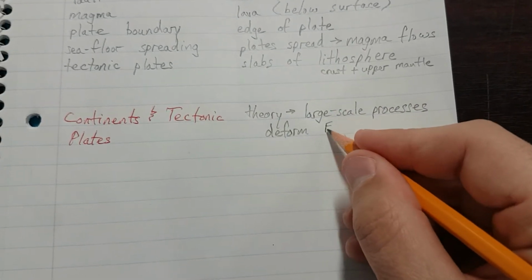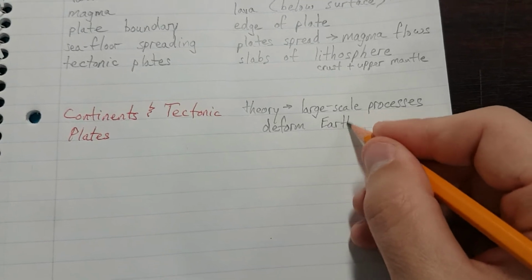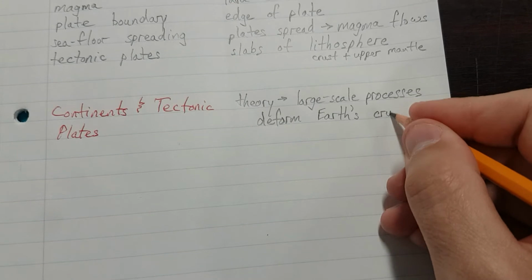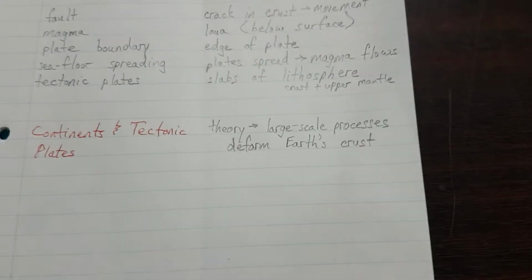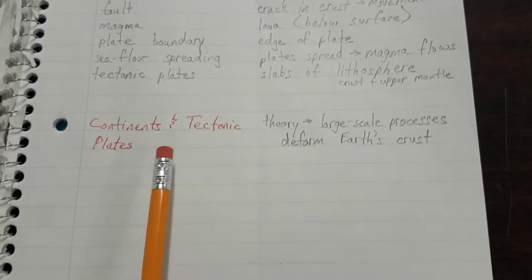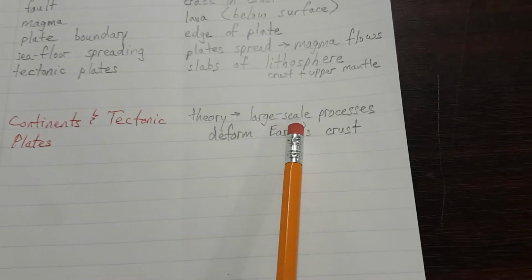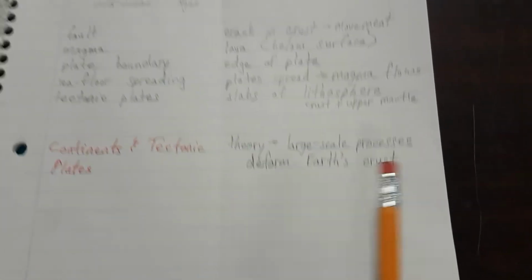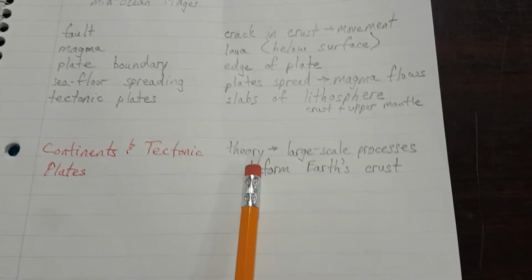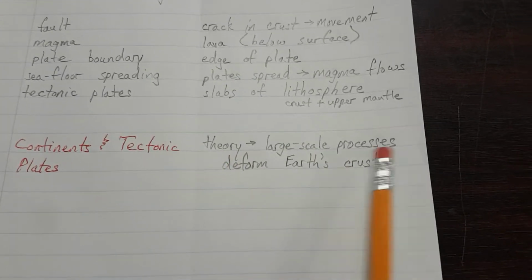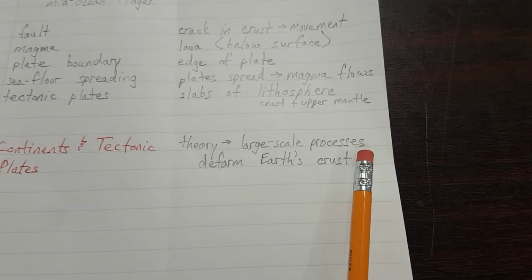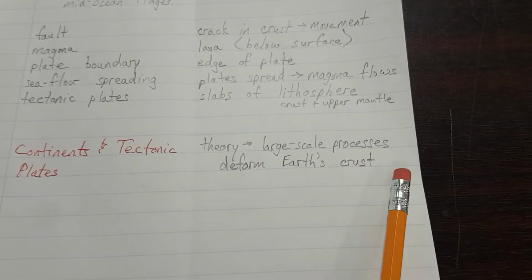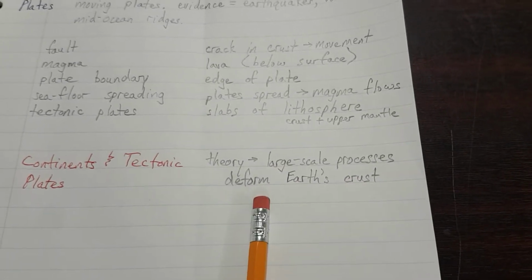Earth's, E-A-R-T-H-'-S. Crust, C-R-U-S-T. So, plate tectonics is the theory that says there are large-scale processes which deform the Earth's crust. So a theory is an idea you can test. Large-scale processes mean it's very big, like the size of the Earth, almost bigger than we can imagine. And deforming the Earth's crust means things are moving and changing.